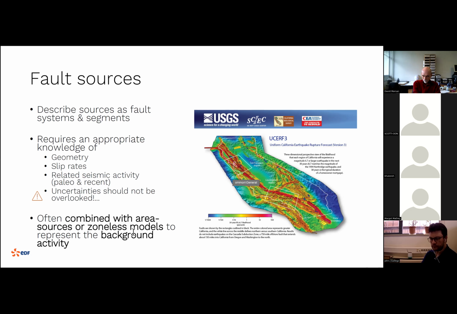So you have to combine in the end your faults with an underlying area source model or underlying zoneless model to represent the background activity.